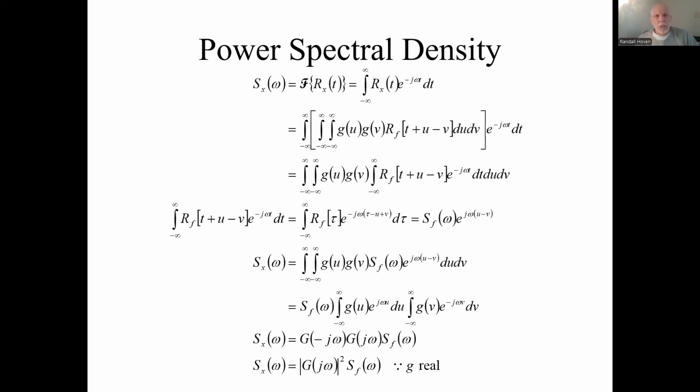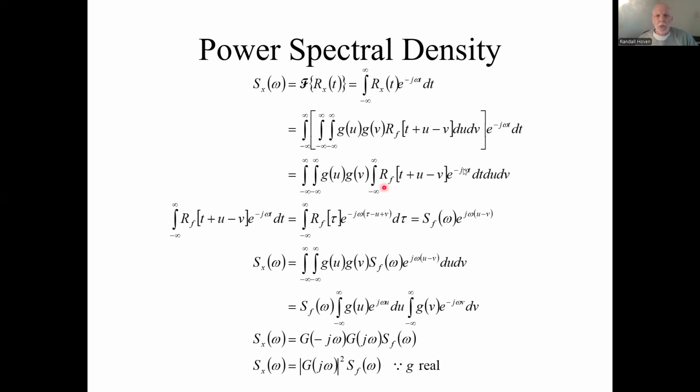Power spectral density. Remember, by definition, power spectral density was the Fourier transform of the autocorrelation function, which means this is the Fourier transform. Put in what that RX autocorrelation function is from the previous chart, and then change the order of integration. So the inner integral is over T, this one here.